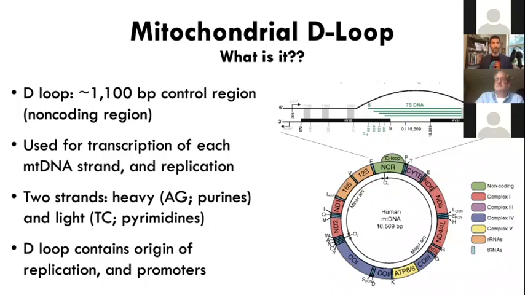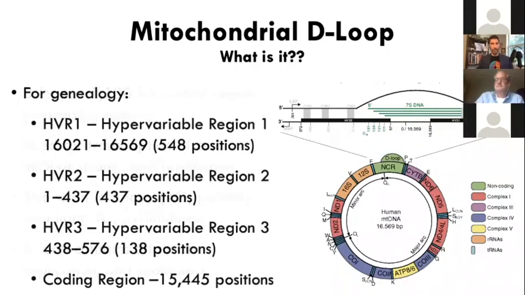And so for a long time, that control region or D loop region was used, as Miguel mentioned, for constructing mitochondrial trees. And so for genealogy purposes, there are 3 regions to this. There's what we call hypervariable regions HVR1, HVR2, and HVR3. HVR2 and 3 are the fastest mutating. And at Family Tree DNA, we actually combine them. We bundle them into one package. The rest of the molecule, the coding region, we call it, is the balance of it.